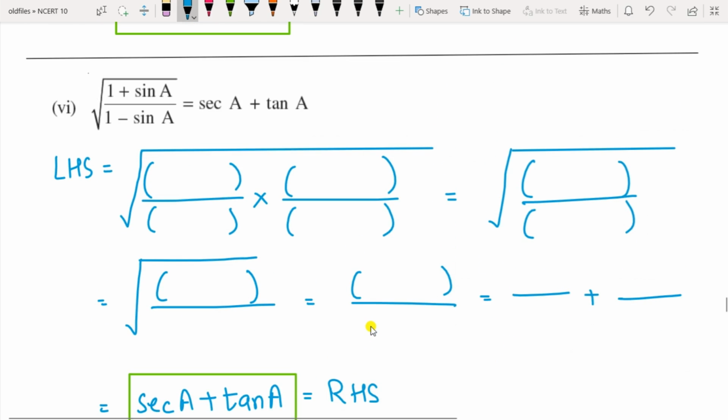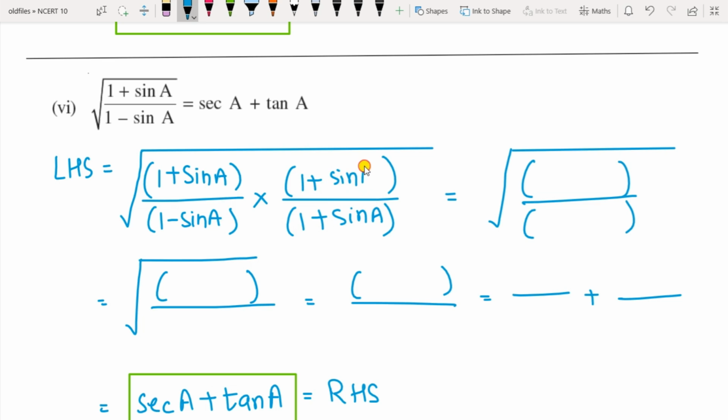Question 6 here is under root of 1 plus sin a upon 1 minus sin a. So write the question first, 1 plus sin a upon 1 minus sin a. Now multiply it with the opposite term of the denominator, that is 1 plus sin a, to the numerator also 1 plus sin a. So this will become 1 plus sin a the whole square, and this will be a plus b, a minus b. So 1 minus sin square a.